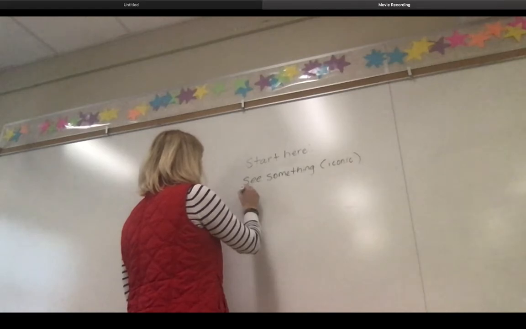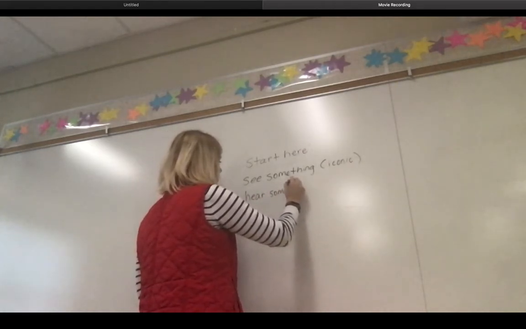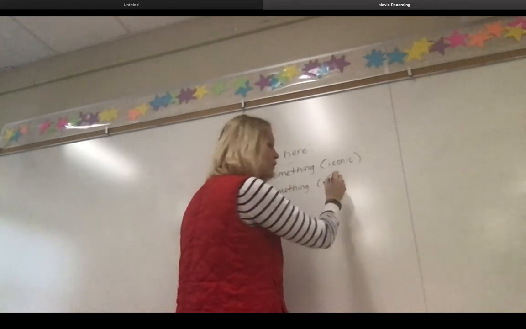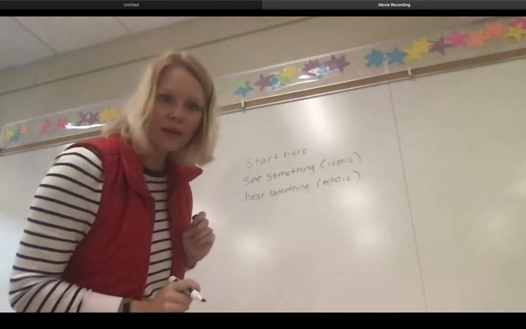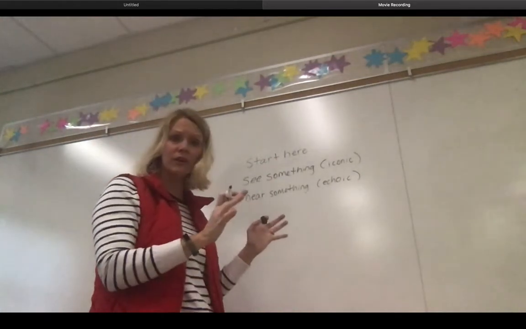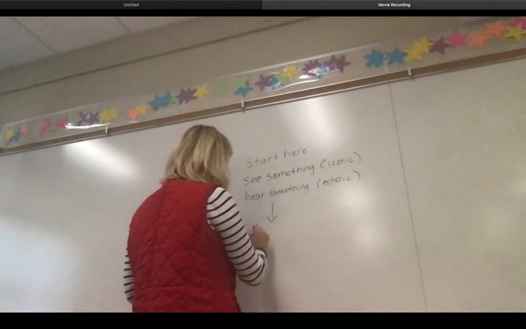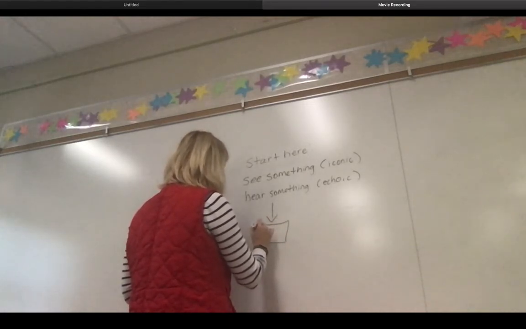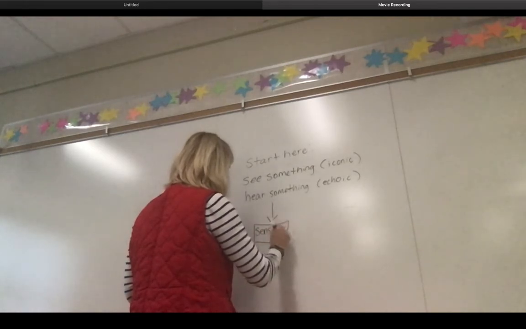Or if we hear something, this is called echoic, like an echo, ECHOIC. This is called echoic memory. So we're gonna start here, okay? What we're going to put this into is known as sensory memory.